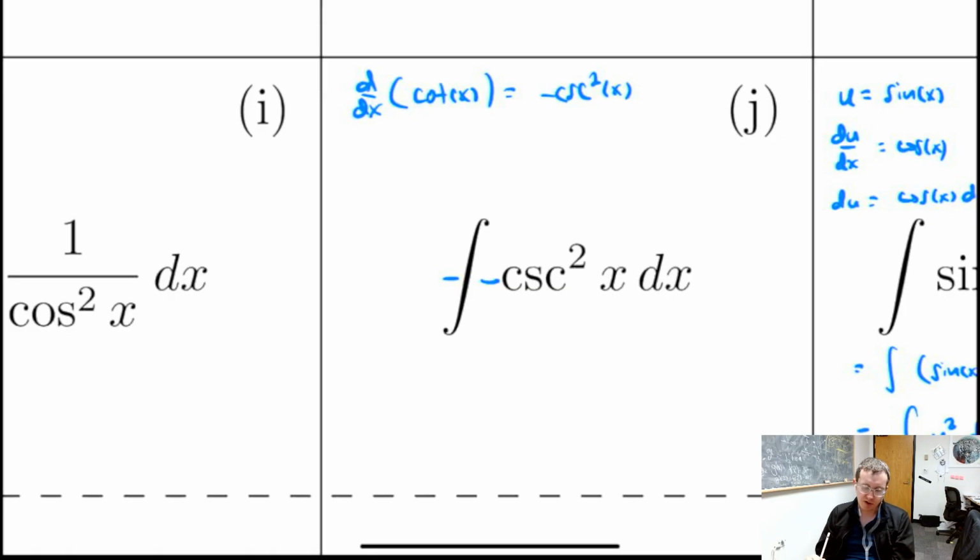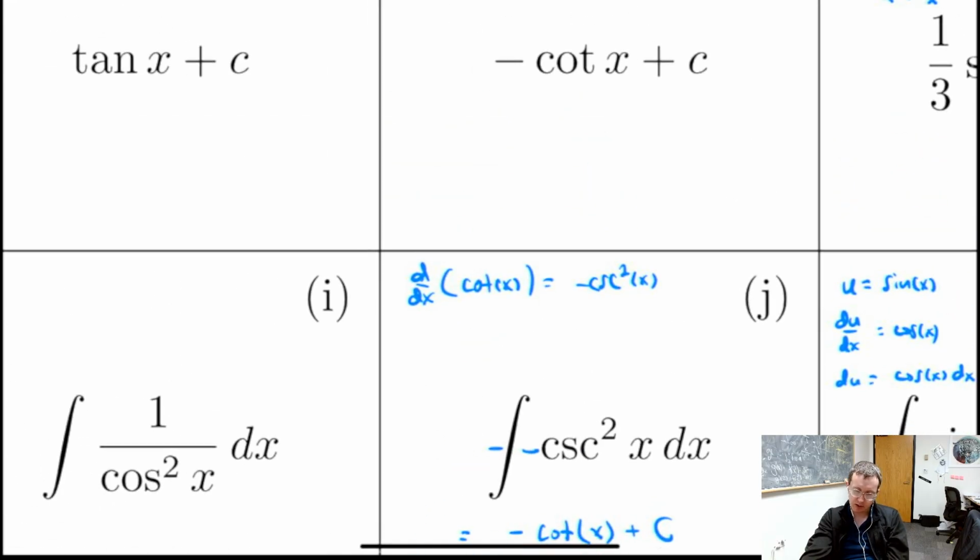But it's fine. I can just throw in 2 minus signs to see that the antiderivative of cosecant of x squared is minus cotangent of x plus c.